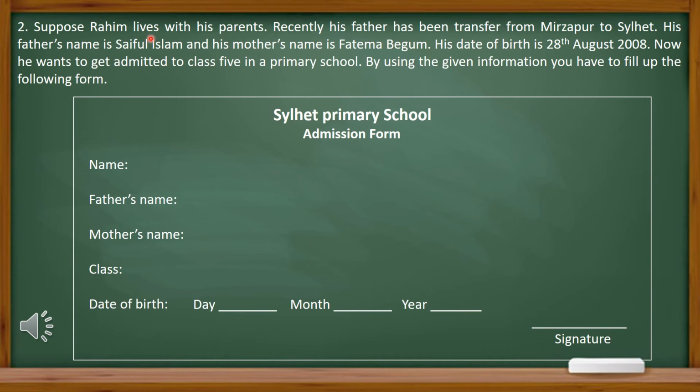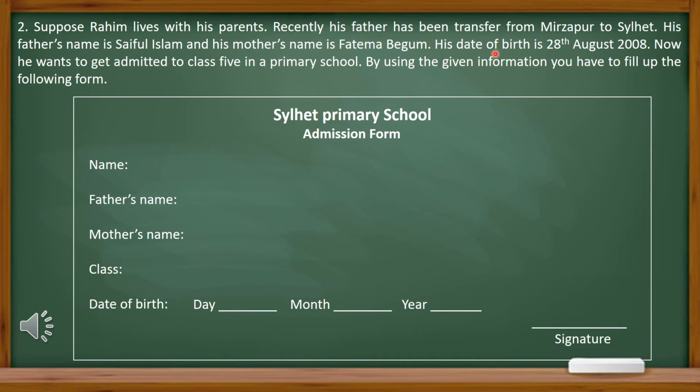Number 2. Suppose Rahim lives with his parents. Recently, his father has been transferred from Mirzapur to Sylhet. His father's name is Saiful Islam and his mother's name is Fatima Begum.